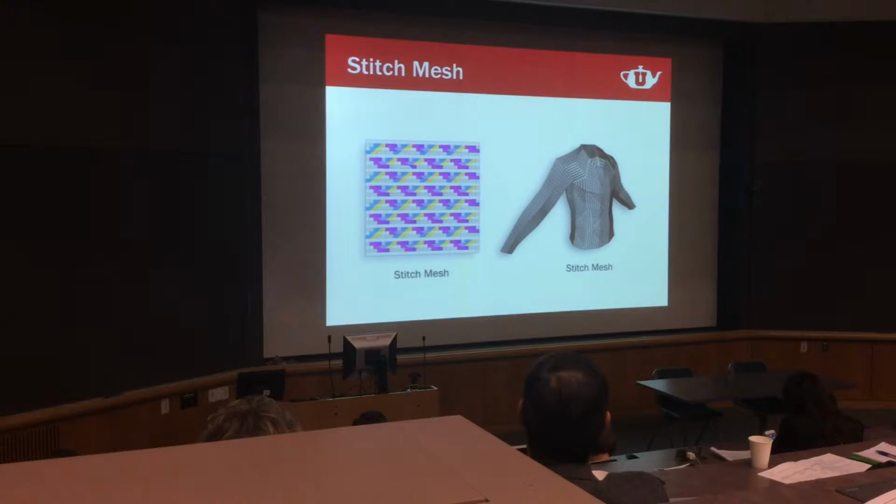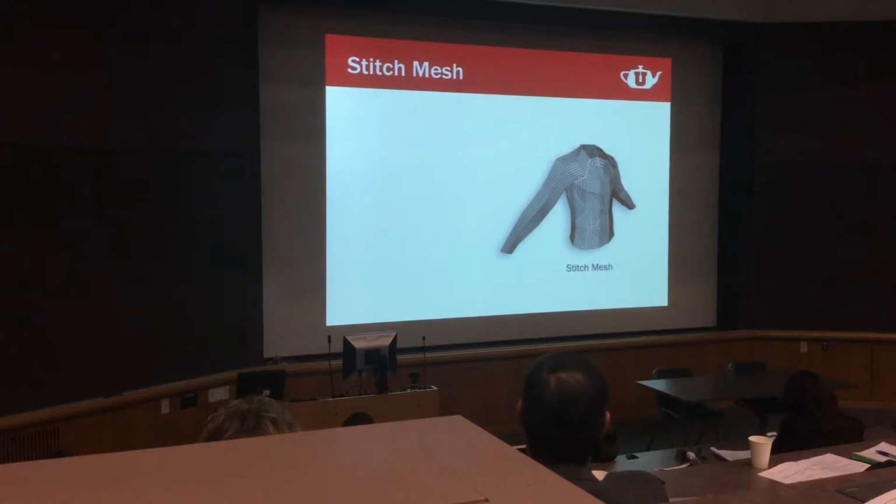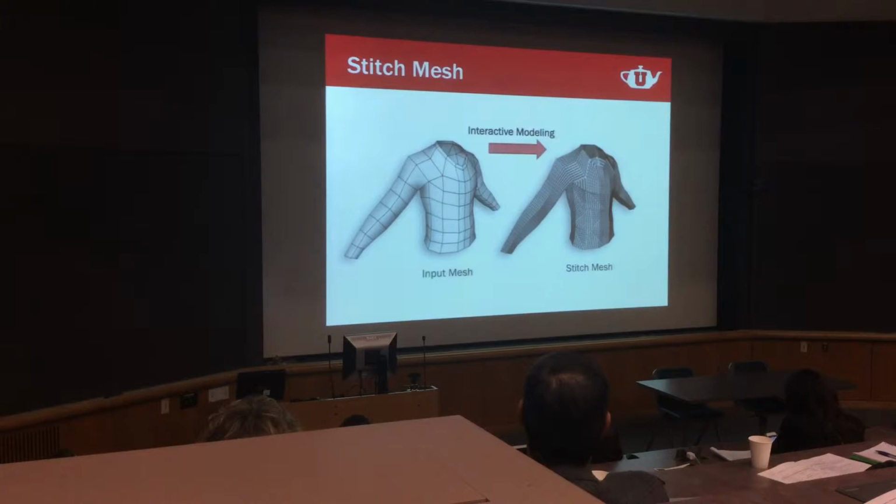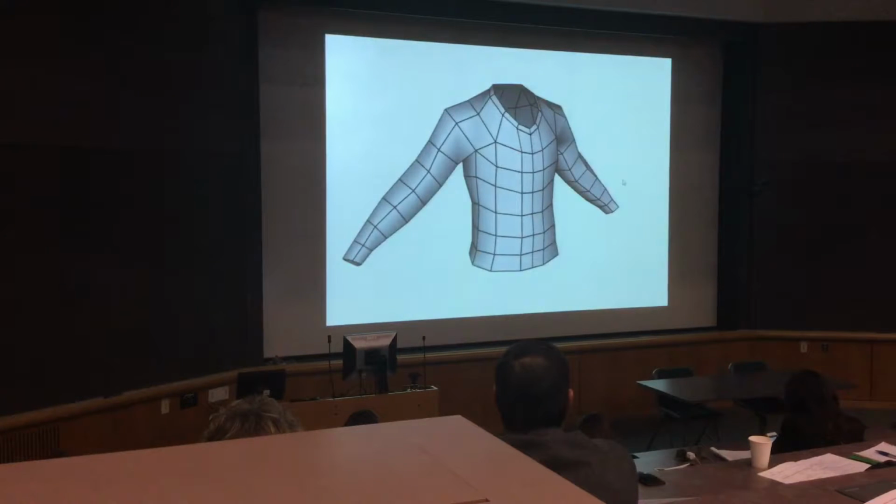The question is, well, how do we build a stitch mesh? Well, here's how. We begin with an input mesh that defines the overall 3D shape of the knitted structure. And we use an interactive modeling framework for defining the desired stitch mesh on it. So our process begins with labeling.